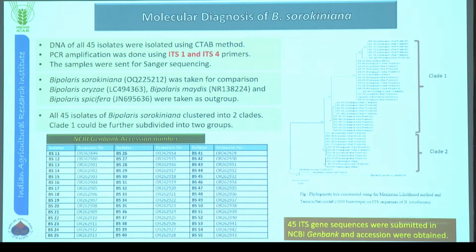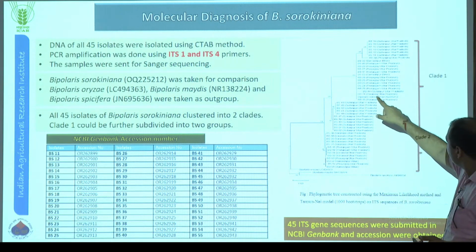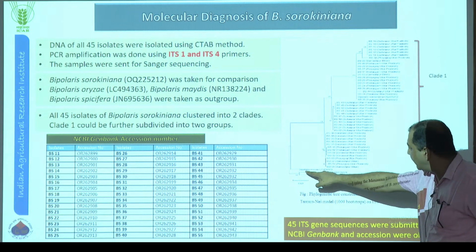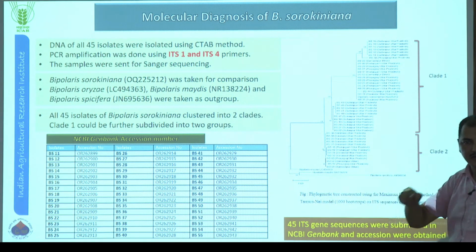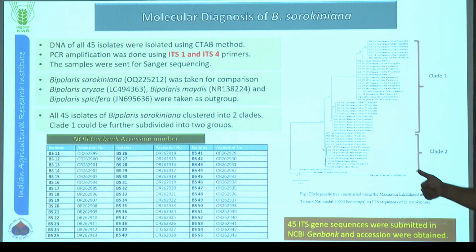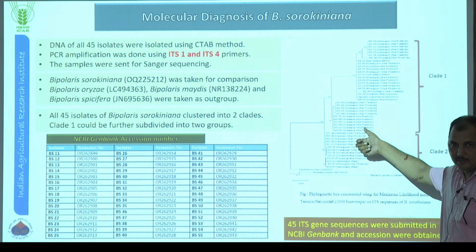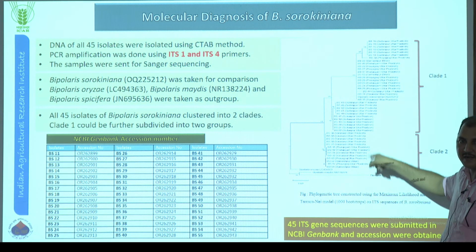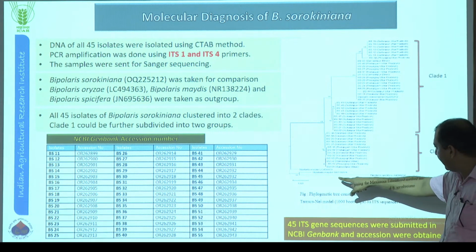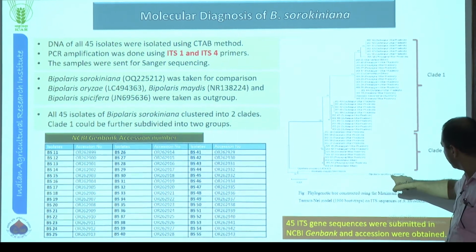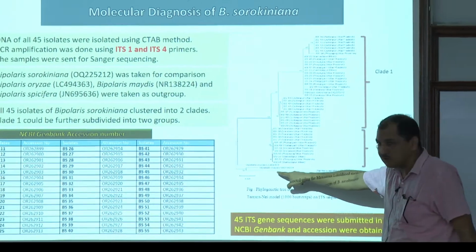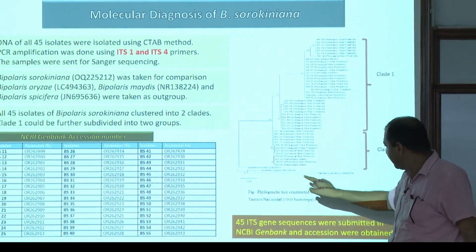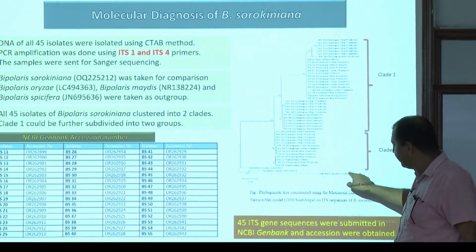In this case, we took Bipolaris oryzae as the outgroup. Oryzae infects rice, and sorokiniana infects wheat. Based on sequence we generated the tree, and other pathogens also, Bipolaris zeicola, Bipolaris maydis infecting maize, Bipolaris spicifera infecting wheat also.